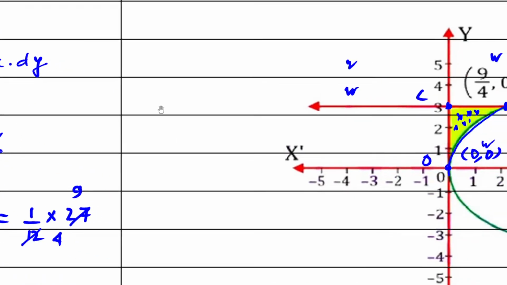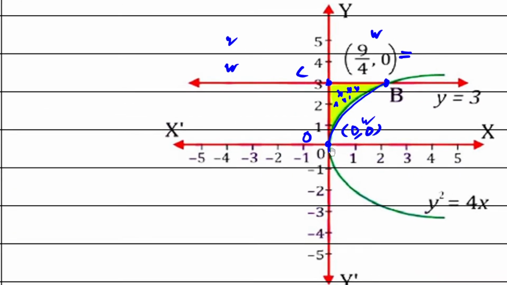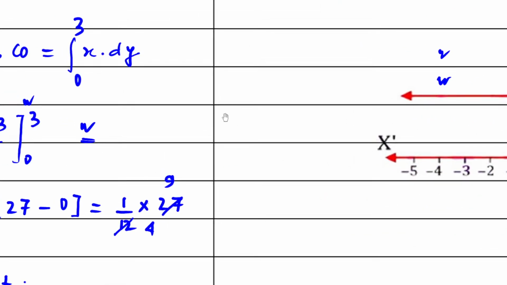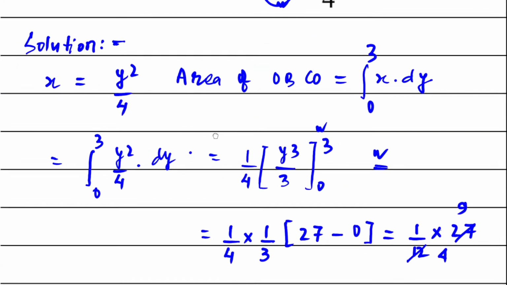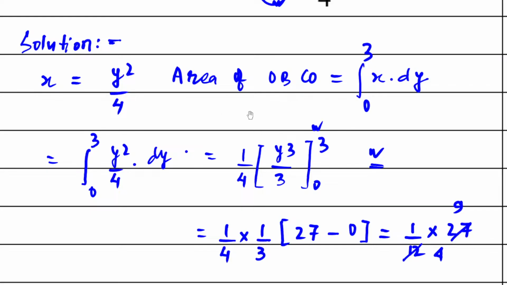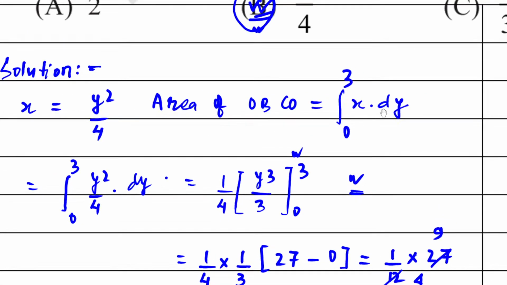From the figure, after putting the value, here y changes from 0 to 3. So the area of the shaded region will be x into dy. The value of x is y square by 4, and the limit for dy changes from 0 to 3.